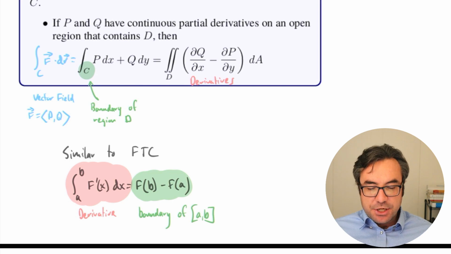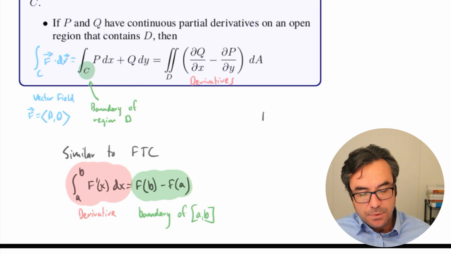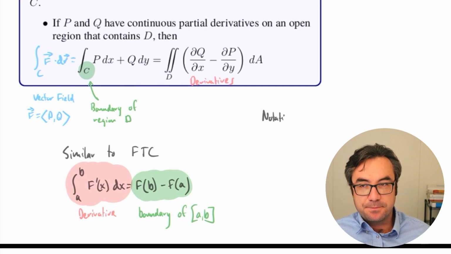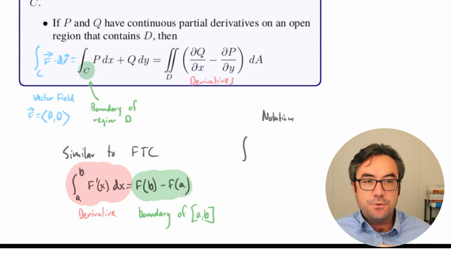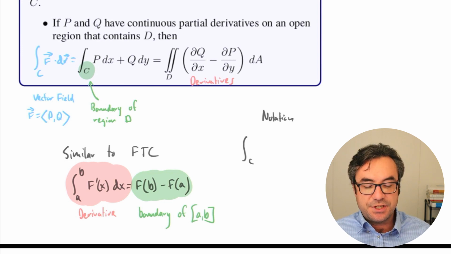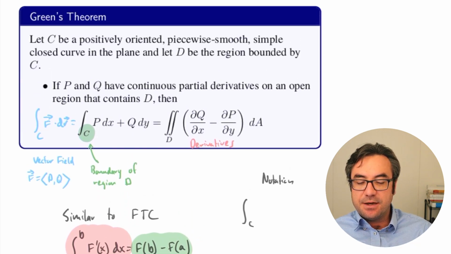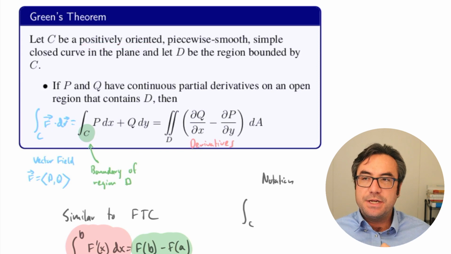Let's talk a little bit about the notation here. When we say the line integral over curve C, we're going to introduce this idea of a positive orientation.